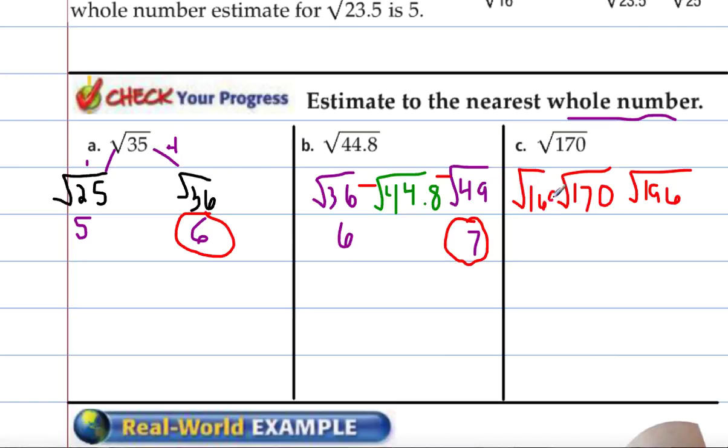Those are my perfect squares. And these are a little bit more tricky. You would want to try them. You know it's more than 10, 10 times 10. And using your perfect squares, I know square root of 169 is 13. Square root of 196 is 14. 169 and 170 are only 1 away, whereas 196 is 26 away. So the whole number closest to the square root of 170 is 13.